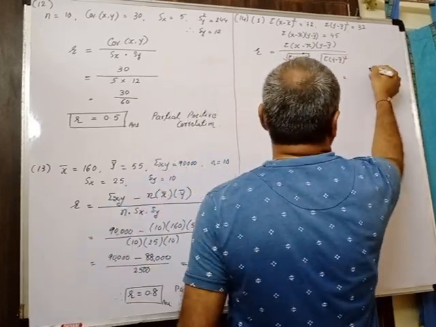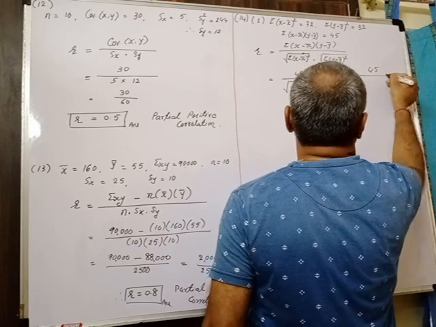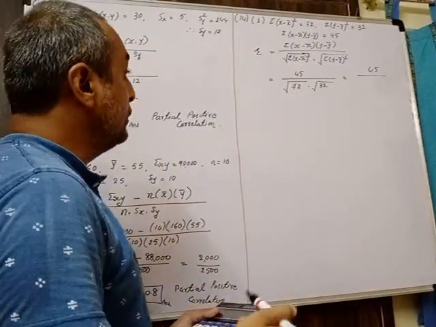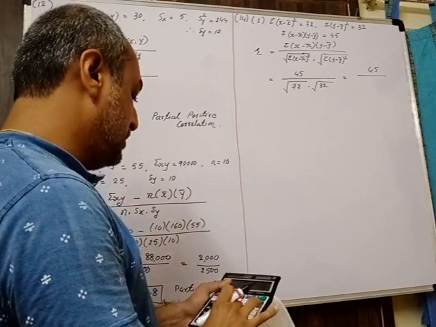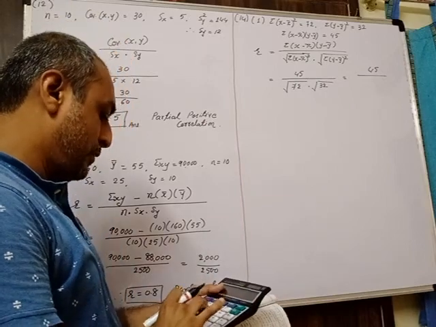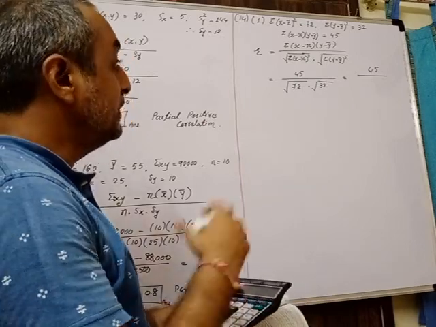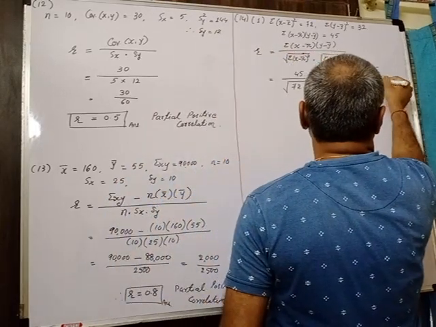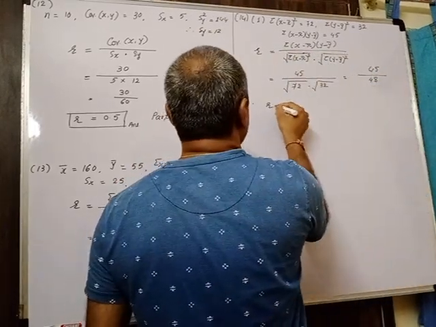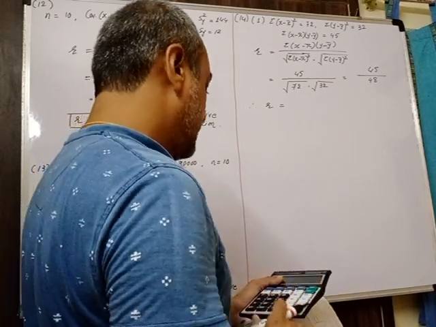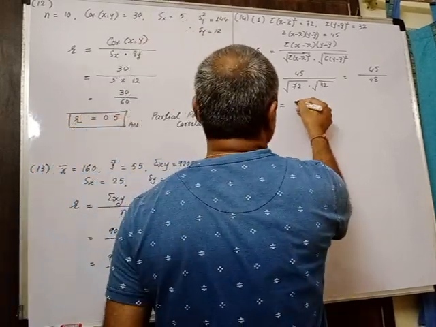Now 45 divided by these two values, we have to multiply first and then find its square root. So 72 into 32 is 2304. Now we need its square root. The square root of 2304 is 48. Now the answer, R is equal to 45 upon 48, that is 0.9375.